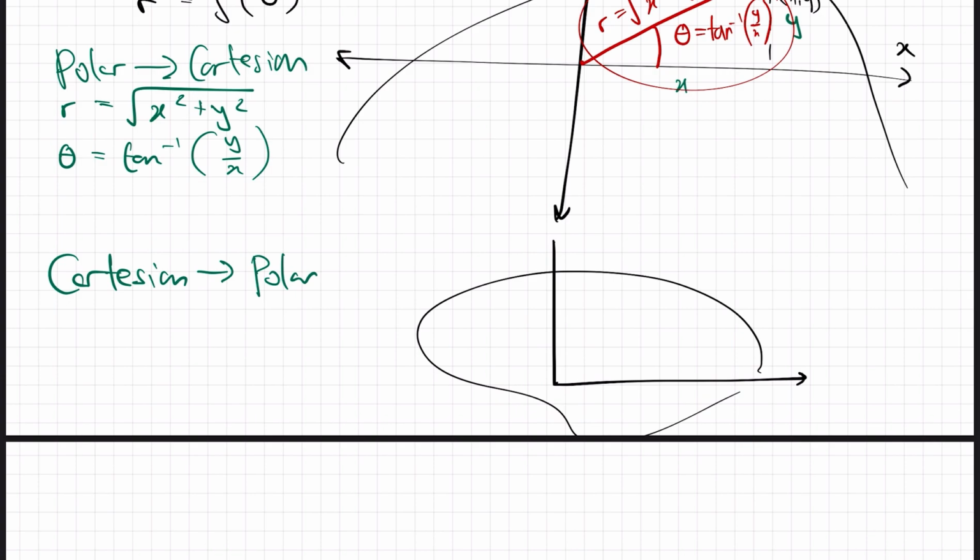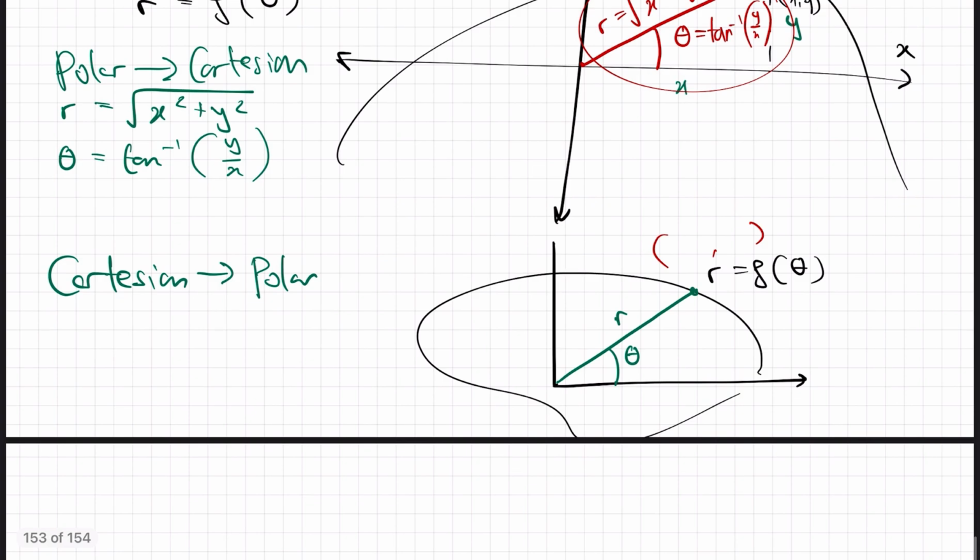If we have a generic point on the polar curve r equals f of theta, let's call it (r, theta), and we want to represent it in terms of x and y. We want to represent this point as an x coordinate and a y coordinate. Again, we can just use trigonometry.